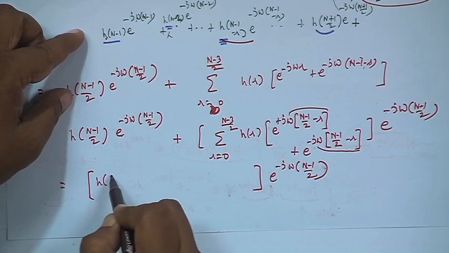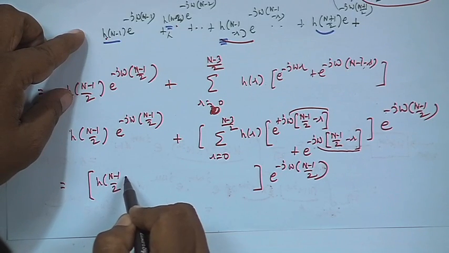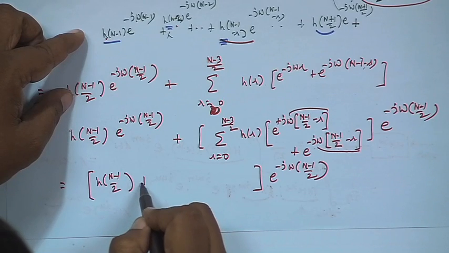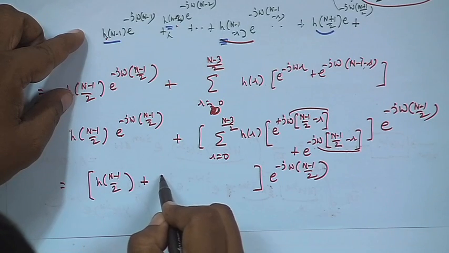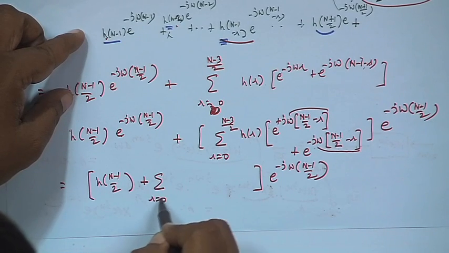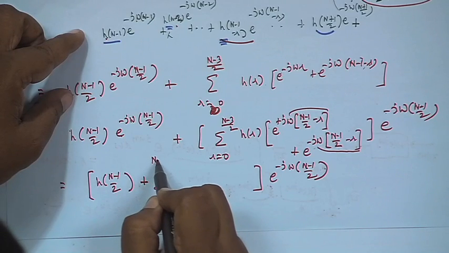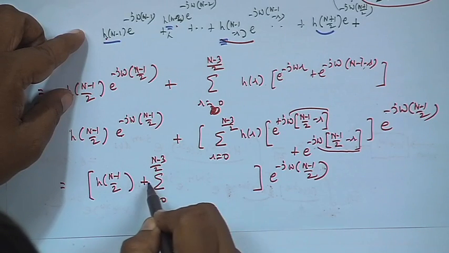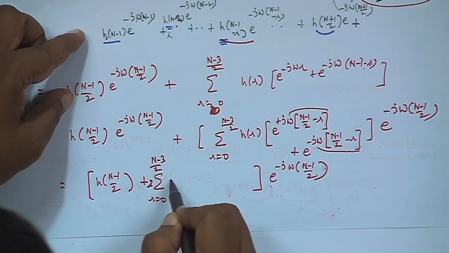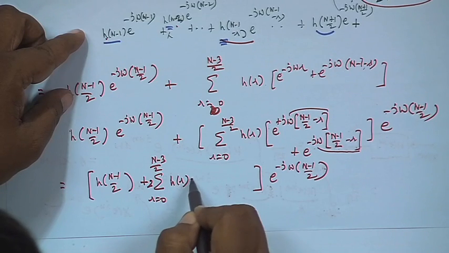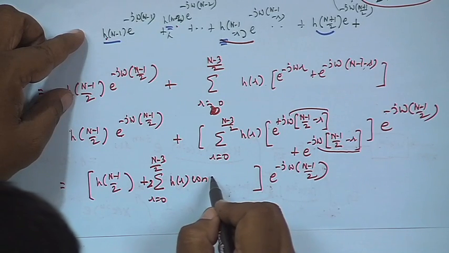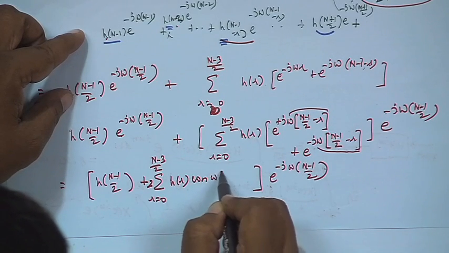This will be twice h r cosine theta, where theta is omega into this.